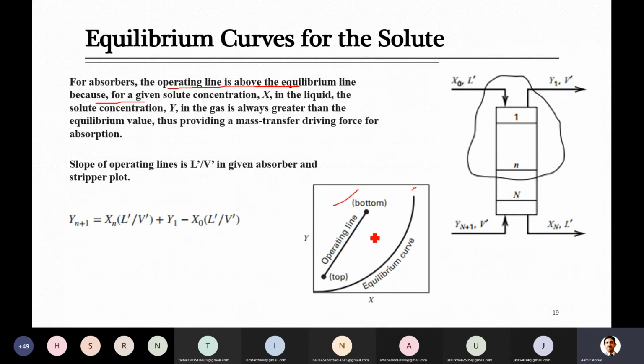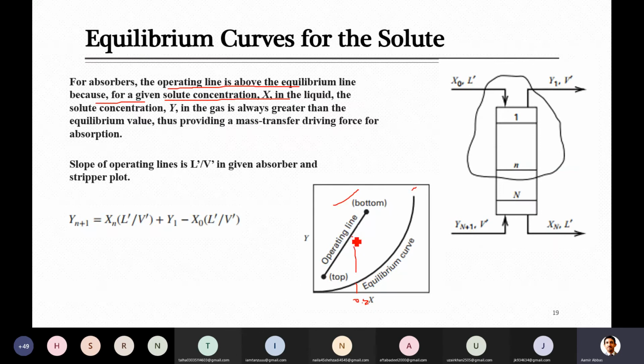And the reason for this is that for any given solute concentration, for example, if I just consider here a random value of x, let's say it is 0.2, then for any given concentration X inside the liquid, where capital X is moles of the solute to moles of solute-free solvent, the solute concentration in the gaseous stream, the vapor stream, is always greater.